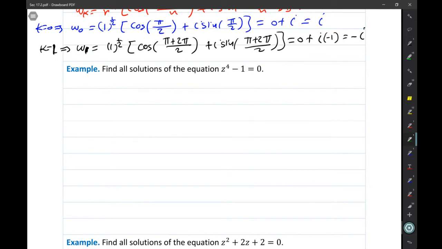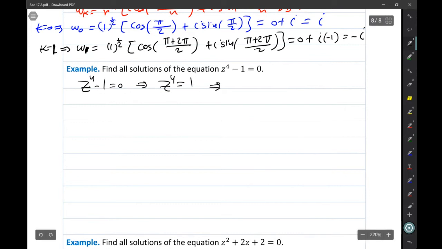First of all, the solution of this equation: z to the power 4 minus 1 equals 0, which implies z to the power 4 is equal to 1, which implies that z will be 1 to the power 1/4. Of course, we take the positive and negative roots because the power is even.